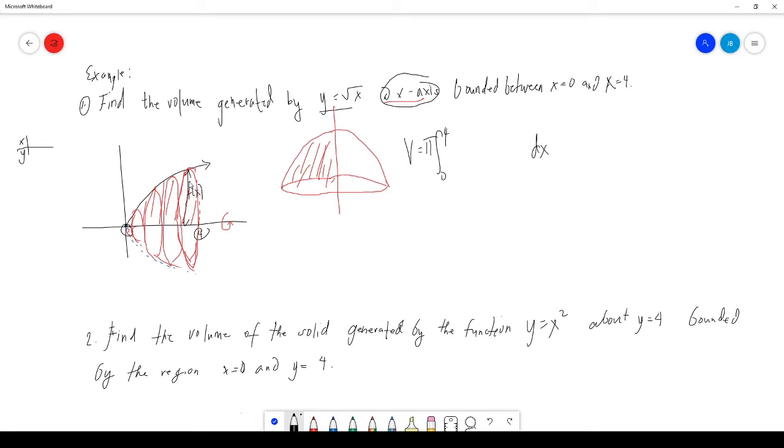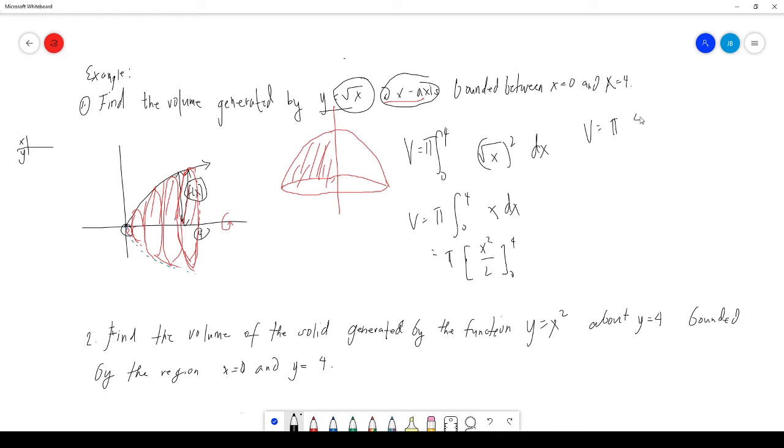So what is f of x here? Actually, f of x is just y, and the value of y is equivalent to square root of x. Therefore, that is square root of x squared dx. So you will have pi integral from 0 to 4 of x dx. That's pi times x squared over 2 from 0 to 4.